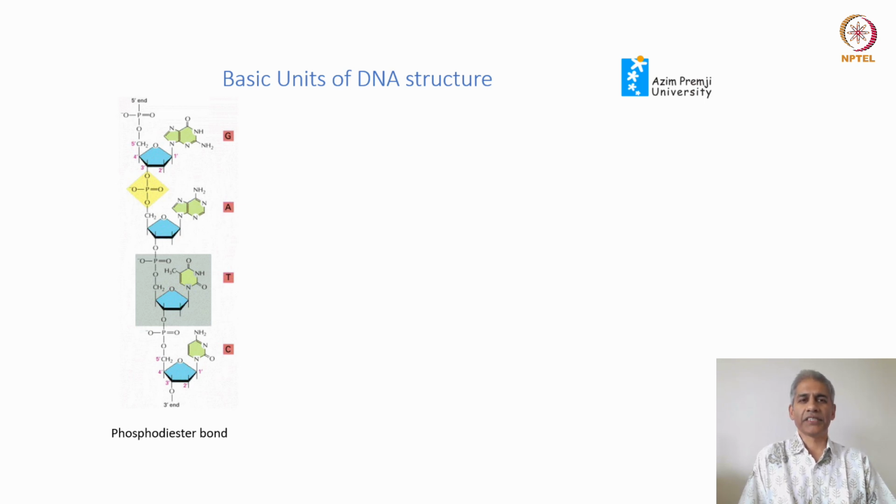And then the 1st carbon position is joined to the nitrogenous bases, and in DNA they can be of four types: guanine, adenine, thymine, and cytosine. So this makes up the basic structure of a nucleic acid.